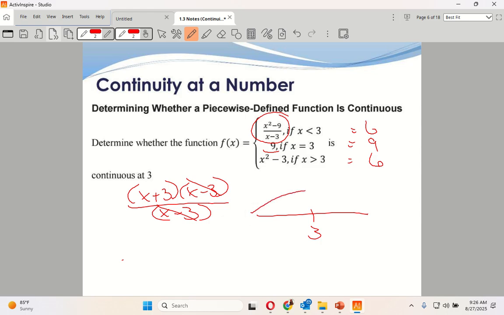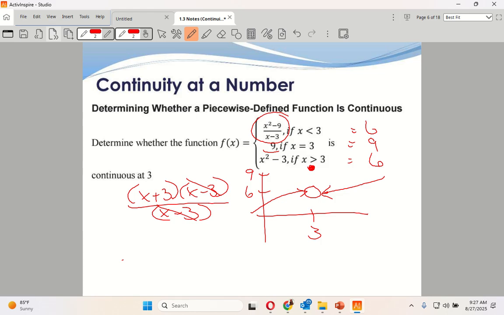And so open dot here. Right side also goes to 6. Right here. And at 3, something like that.